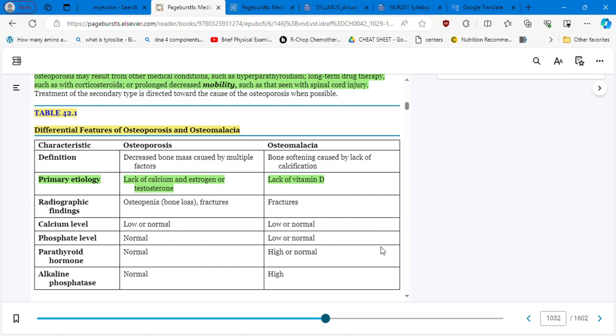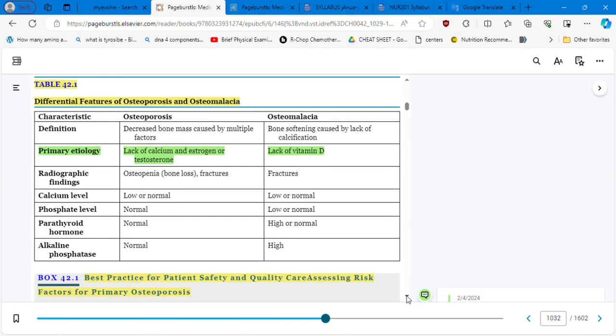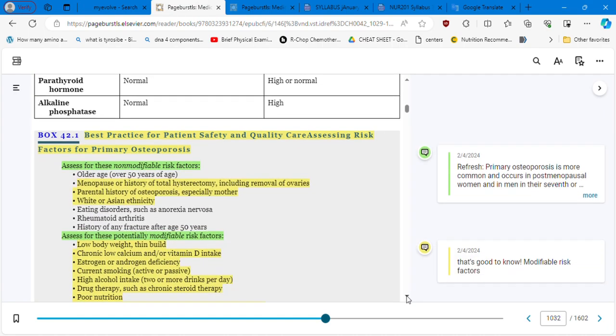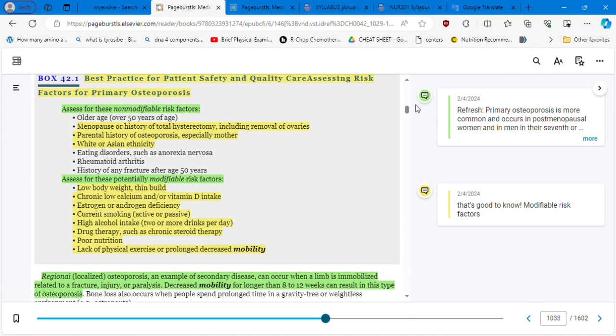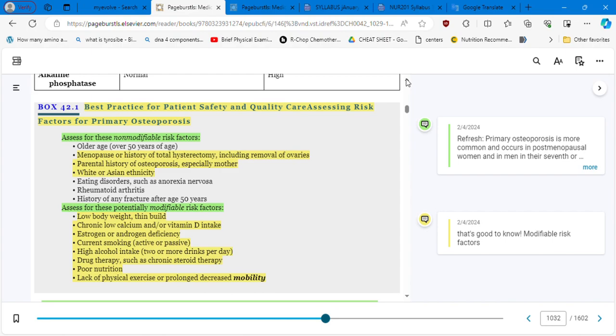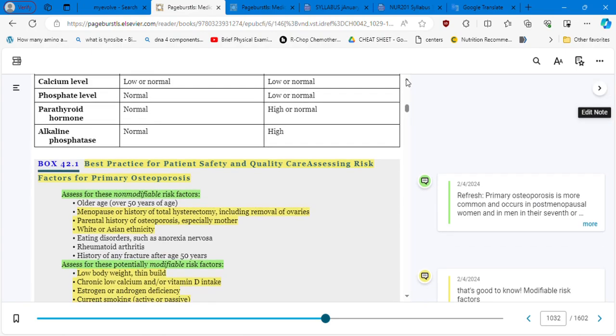Okay, radiographic findings: in osteoporosis, you're going to see bone loss, fractures, osteopenia, and in osteomalacia, you're going to see fractures, right? Okay, so let's go to best practice for patient safety and quality care, assessing risk factors for primary osteoporosis. Let me make a note here.